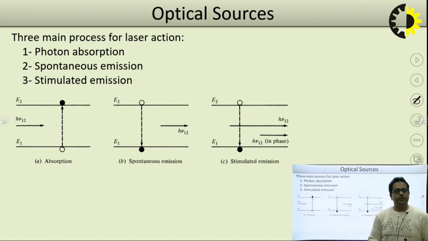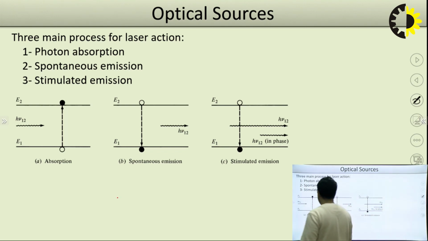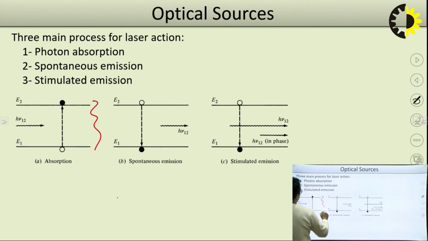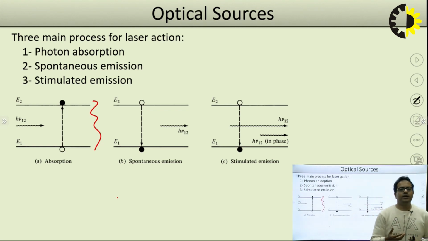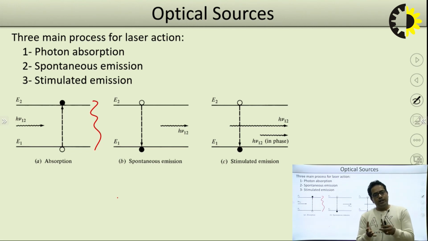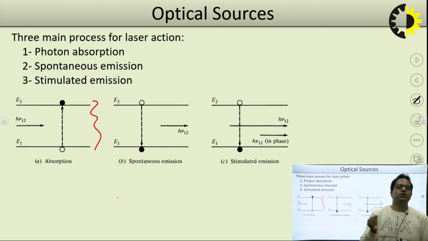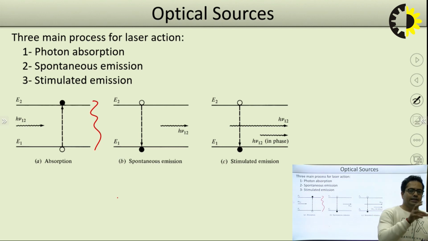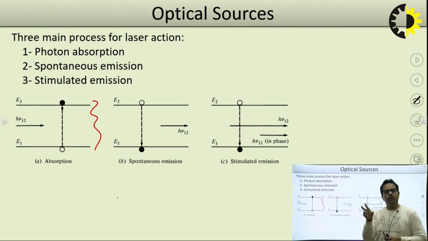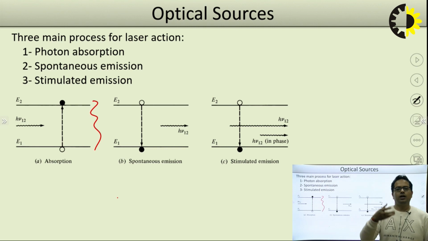The very first phenomenon, which we already discussed in our last class, is absorption. In thermal equilibrium most of the charge carriers, that is electrons, are present in the valence band. Whenever we incident a photon on the electron, the electron gains the energy of the photon, and that photon energy should be equal to or greater than the band gap, that is the difference E2 minus E1.